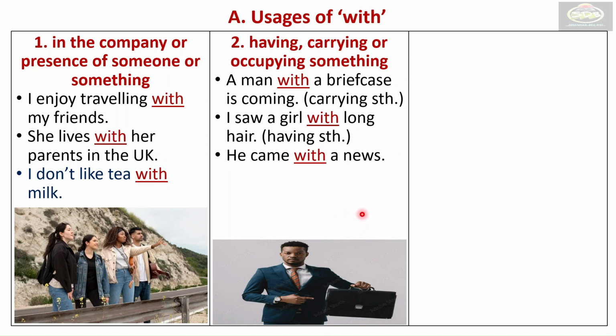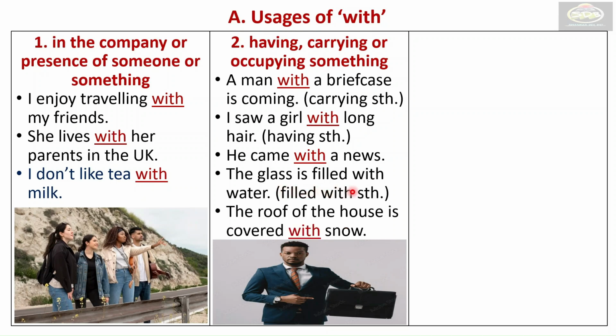A girl with long hair means a girl having long hair. He came with the good news. The glass is filled with water. The glass is full of water. It means the glass is full of water, filled with water. The roof of the house is covered with snow. Covered with.